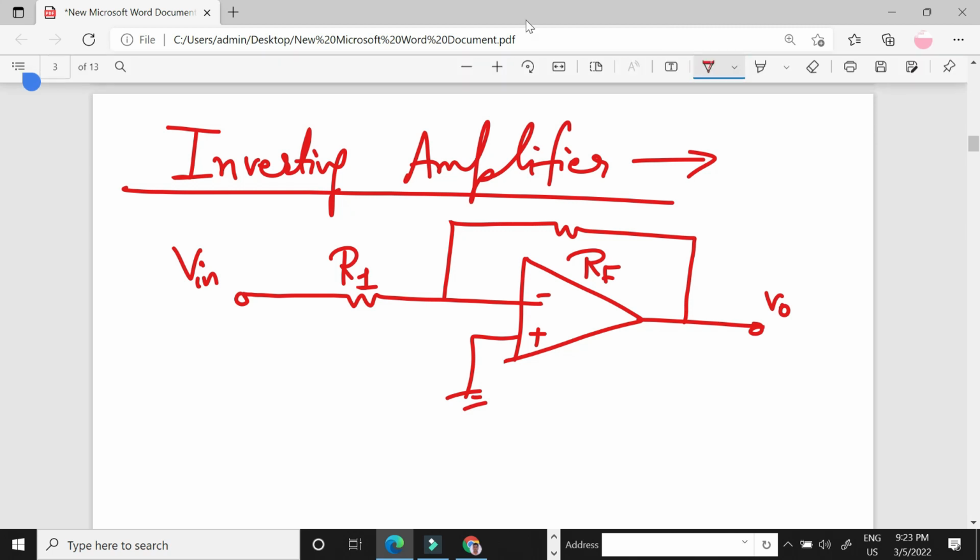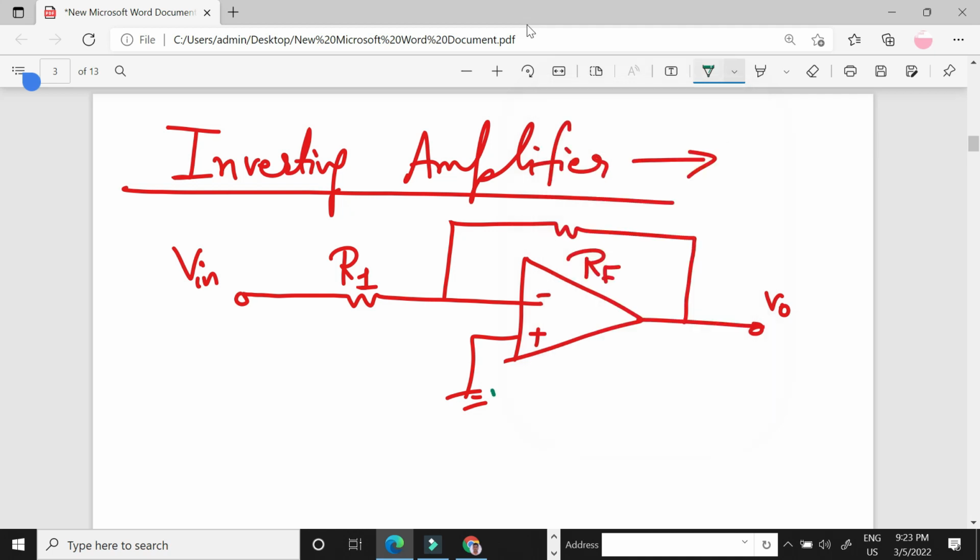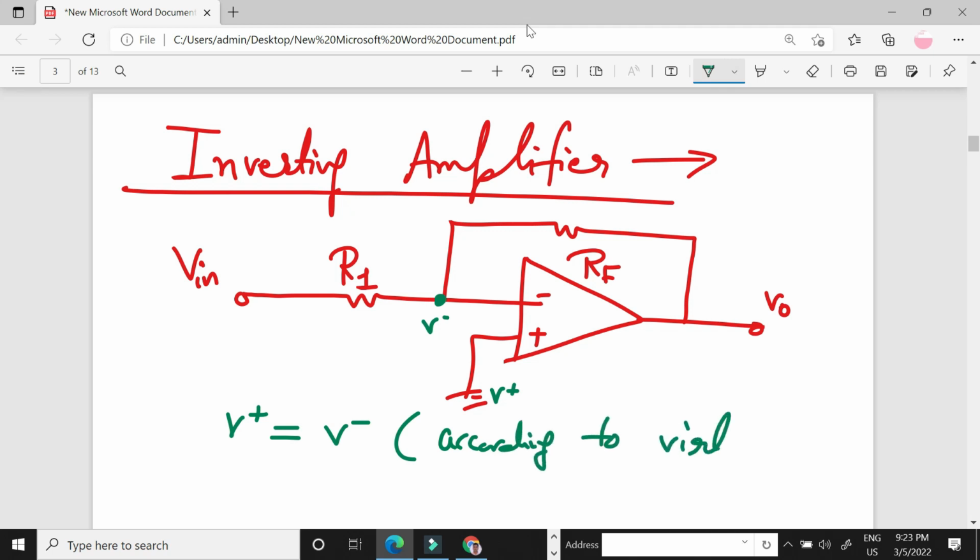Now according to virtual ground, this is voltage 0, this is V positive and this is V negative. V positive must be equal to V negative according to the virtual ground concept.